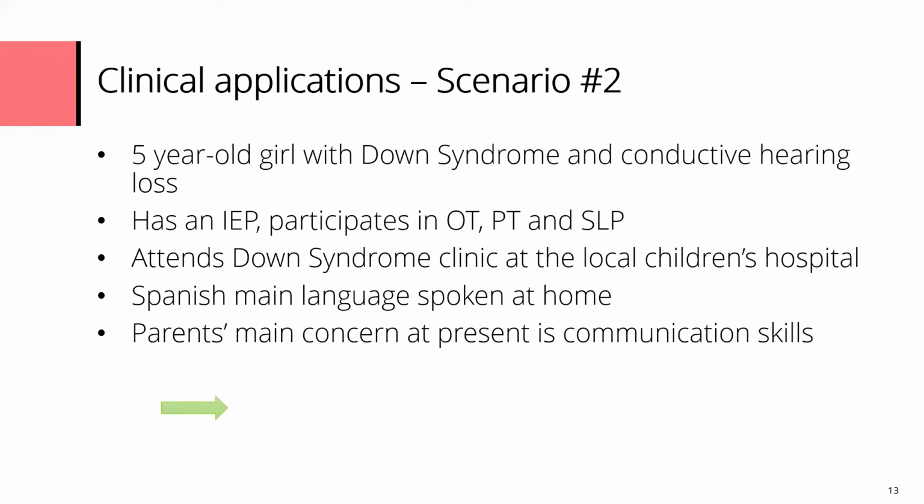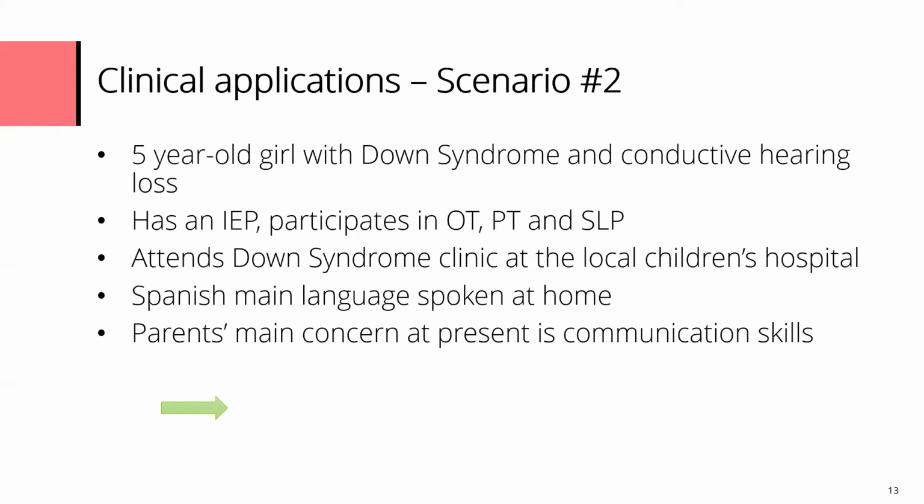Her parents' main concern at the time of her assessment is her communication skills. But we're looking at motor skills as part of the multidisciplinary assessment. So again, if we think back to that Venn diagram and the differences we discussed between the two tests, the factors we need to keep in mind are that she's young, she's under 6 years of age, she has some intellectual and cognitive delays associated with her diagnosis of Down syndrome, and she also has receptive language issues related to her hearing loss.